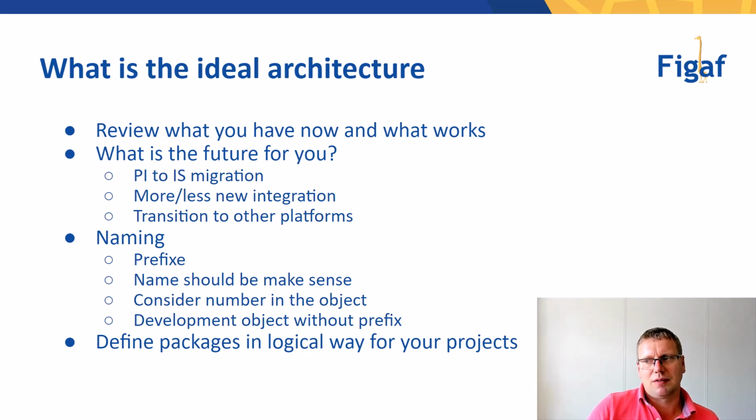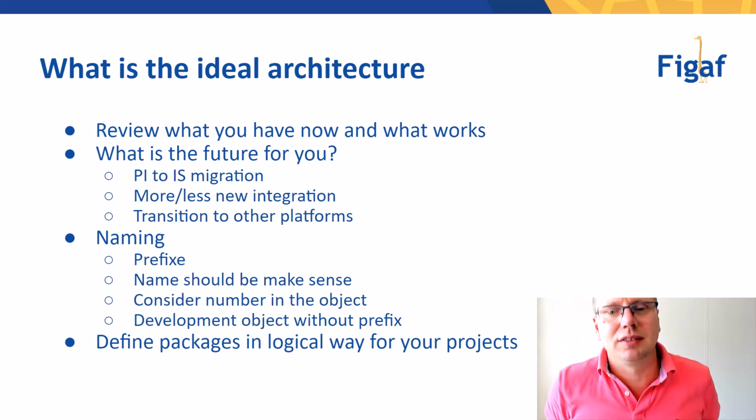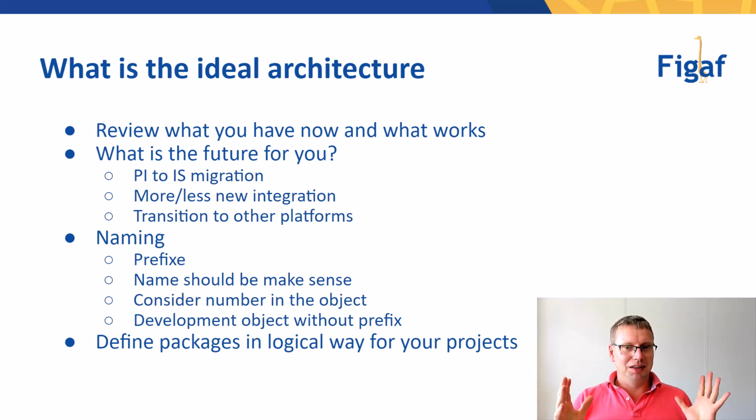Do you have a PI to CPI migration going on? Do you expect to get more integrations, and what type of integrations do you have? Are you considering moving to or from other platforms, and how will that affect your integration landscape? Because there are going to be a lot of new processes to help with these things.